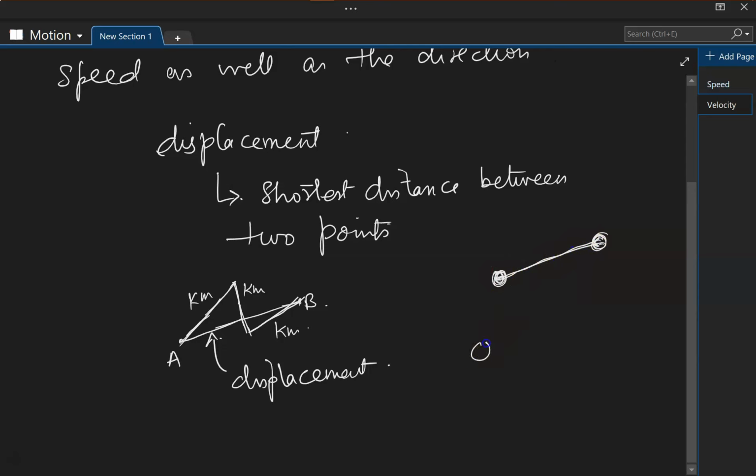But suppose this ball, you have actually picked it up and kept it here first, and then you have kept it here, and finally you have kept it here. So actually you carried it in this sequence. So you have basically done what? You have displaced this ball from here to here. In this case it doesn't matter where all it went in between. So the displacement would be this. So this is A, this is B, and AB is the displacement.